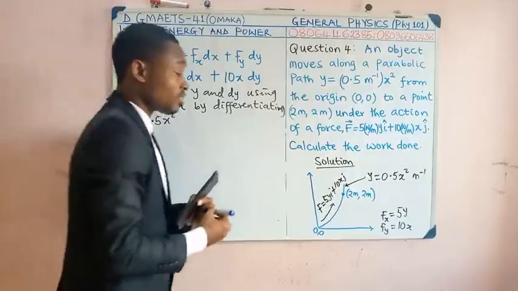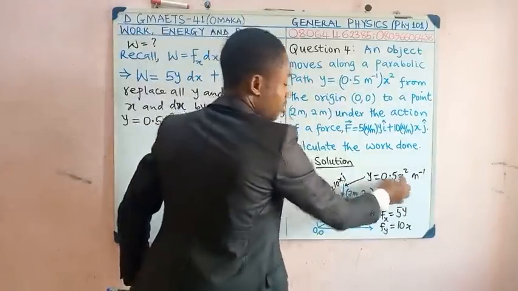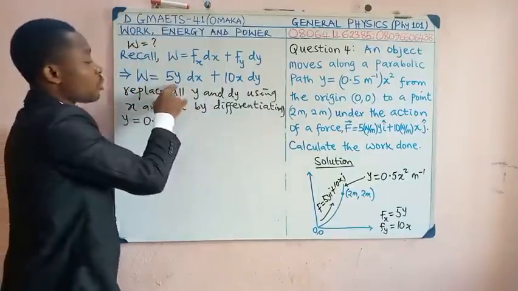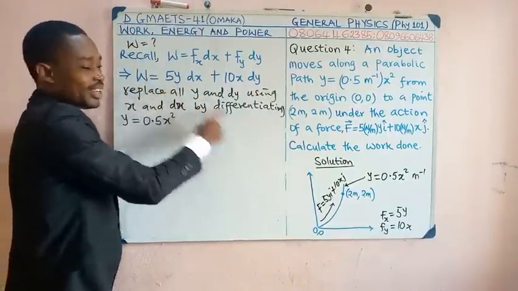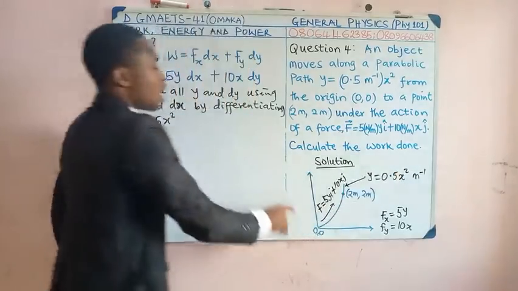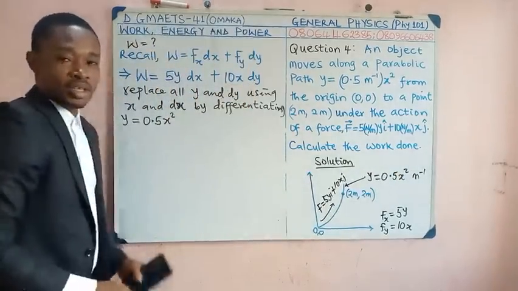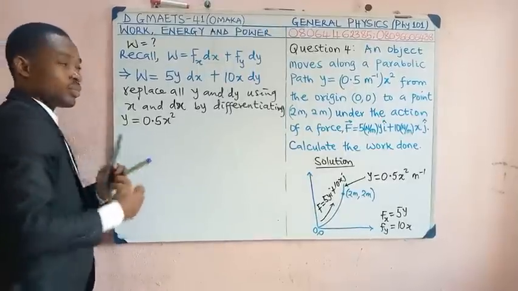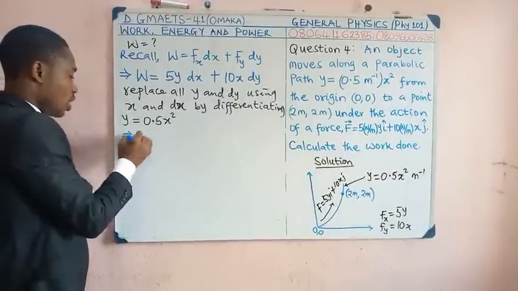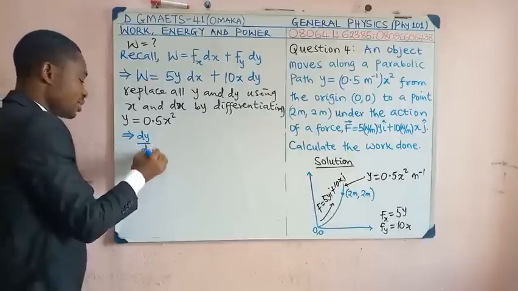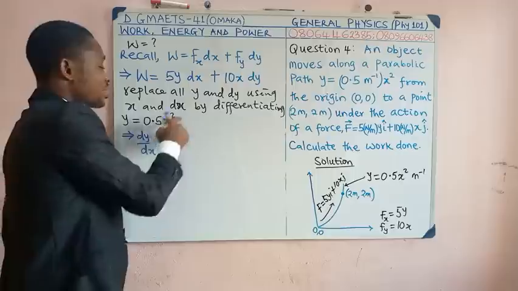The equation of the curve gives us the value of y in terms of x, which means we no longer have problem with this y. We can replace it directly. The value is 0.5x squared. Our challenge now is this dy. So we need to go and differentiate and obtain our dy. So dy over dx. This is y, you know, y is equal to this 0.5x squared.